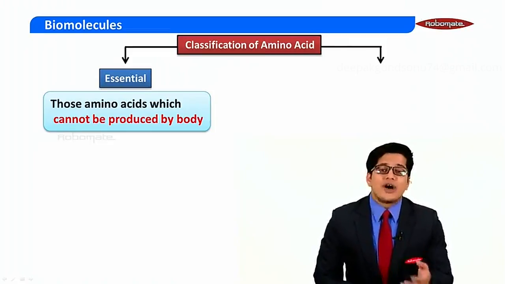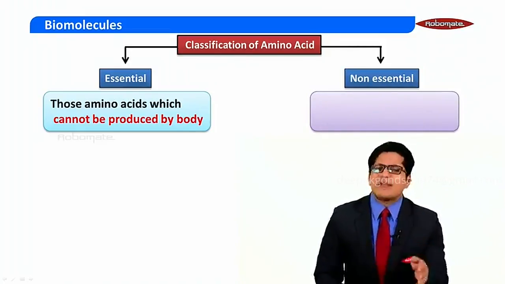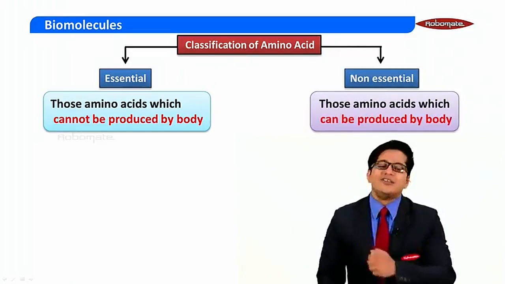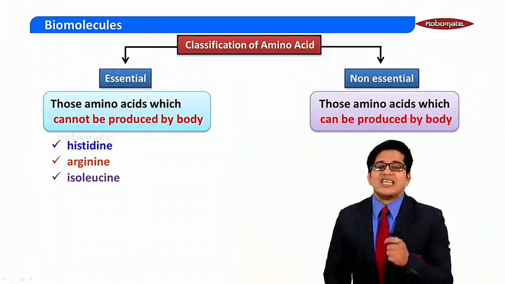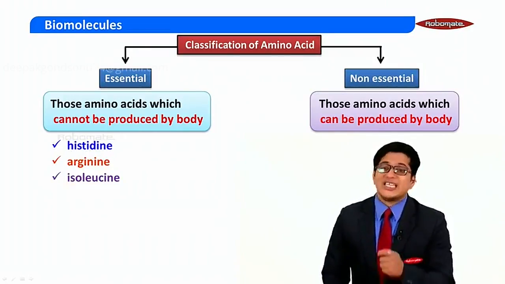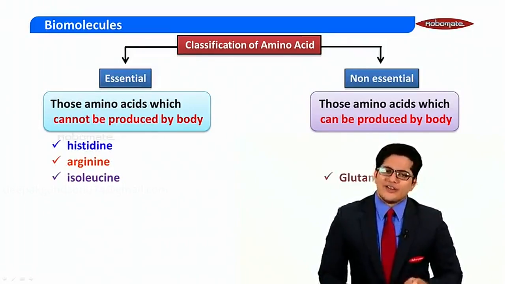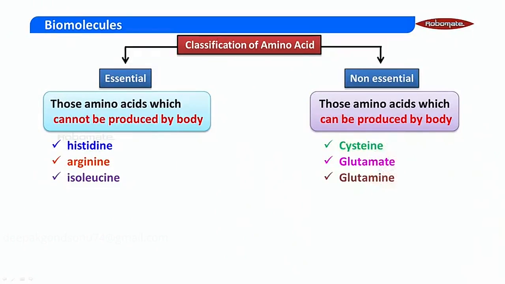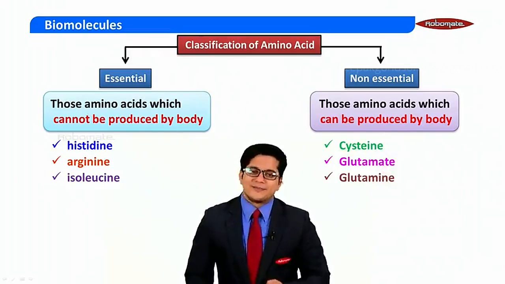Whereas non-essentials are the amino acids which can be produced inside the human body itself. Examples of essential are histidine, arginine, isoleucine. Non-essential examples are glutamine, glutamate, or cysteine.